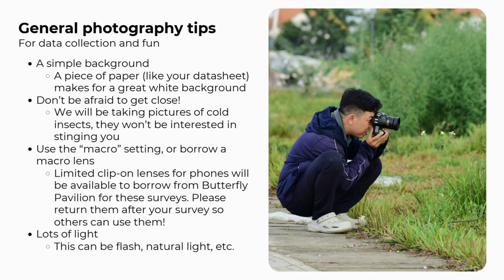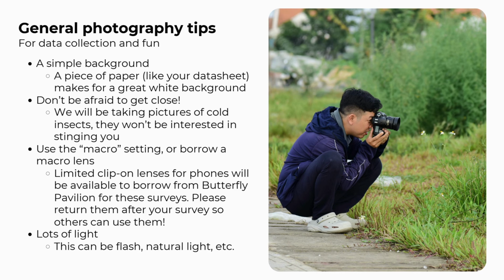If you are using a camera with a macro setting, use that setting. That's going to help get those really up-close photos in focus and highlight those features. If you're using your phone camera, some of the new Androids and iPhones do have a macro setting, as well as there are macro lenses available, either online on Amazon or whatever.